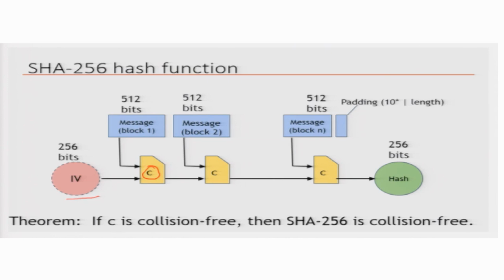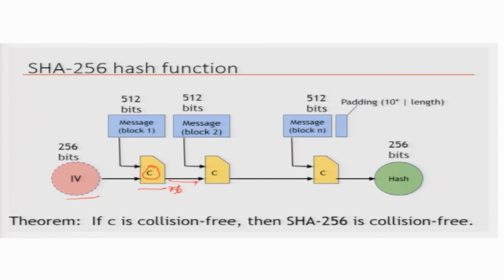You divide the message into chunks of 512 bits, and at the end your original message may not be a multiple of 512 bits. So, you have to do some padding at the end to make all the chunks 512 bits. Then you apply the first 512 bits to the first function block with this seed, and the output of that will be 256 bits.